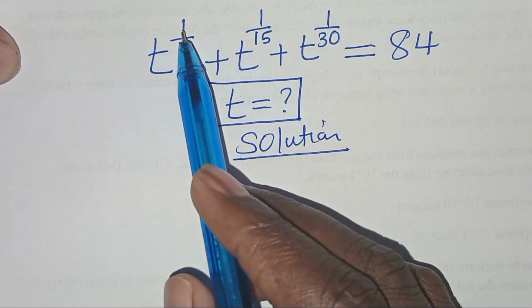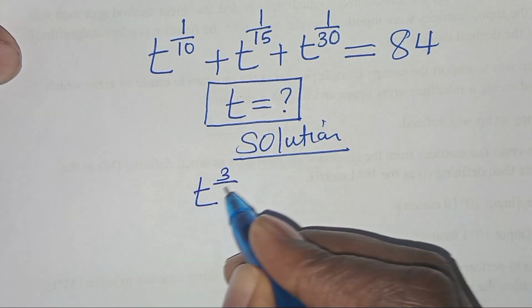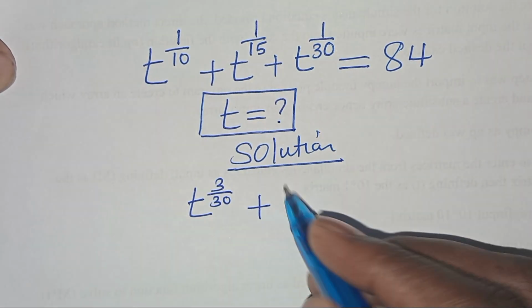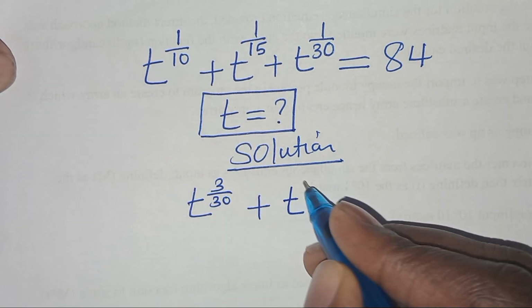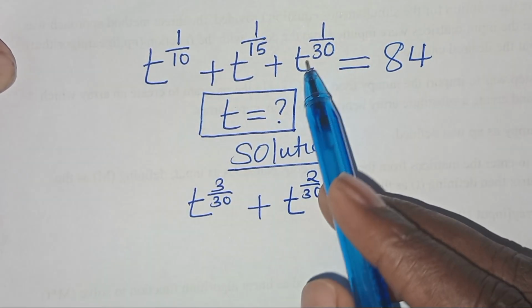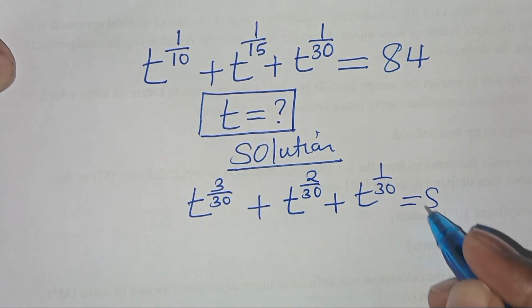Now we can express t to power 1 over 10 as t to power 3 over 30, plus t to power 1 over 15 can be expressed as t to power 2 over 30, then plus t to power 1 over 30. This is equal to 84.